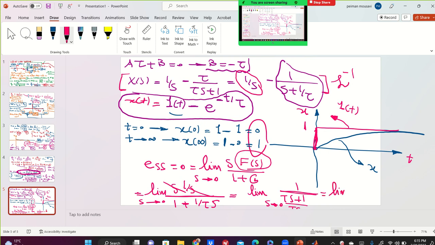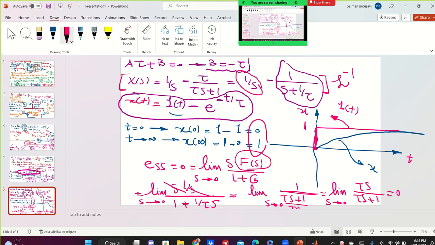Tau s goes to zero in the numerator, tau s plus 1, as s goes to 0, gives 0. You see that? Very trivial mathematics proves everything.